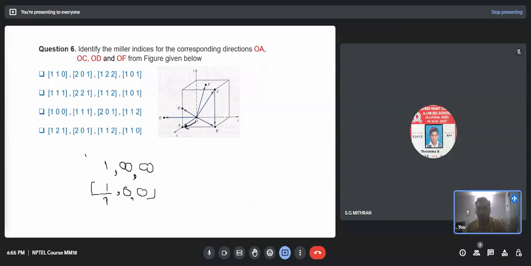Since the HKL values should be integers and these values are integers, we'll consider these values as the Miller indices. So for OA direction, the Miller indices will be 1, 0, 0. So only one option is there, but we'll solve for the other directions as well.